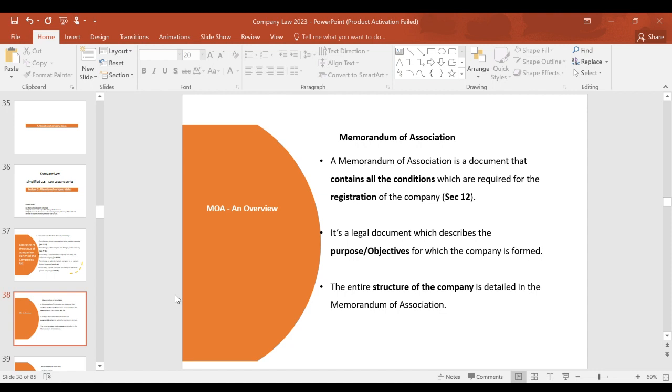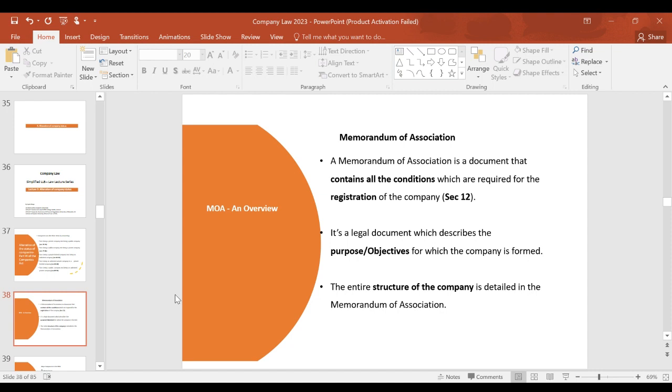So there is no specific order on how this has to be relayed, but there are those requirements that a memorandum of association must have, especially the elements that must be reflected within the memorandum of association.